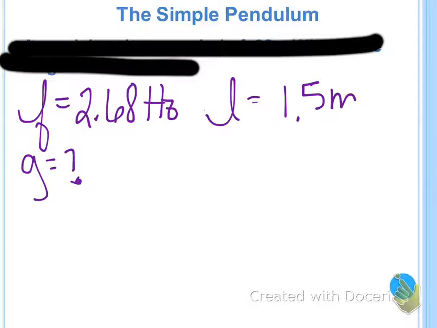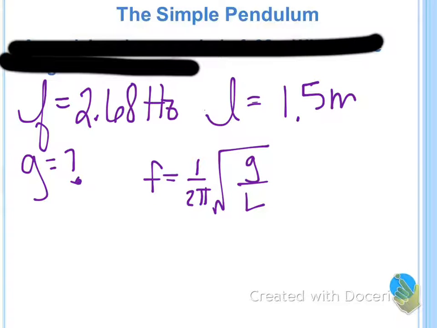Where's this pendulum at? We're going to find the acceleration due to gravity here. It might be that there are pendulums not on the Earth's surface, and we're looking at solving for g.